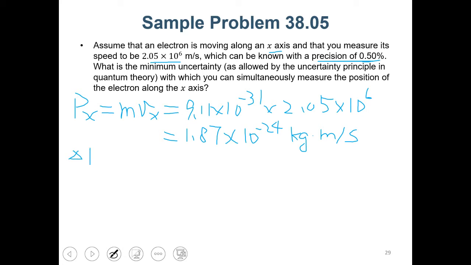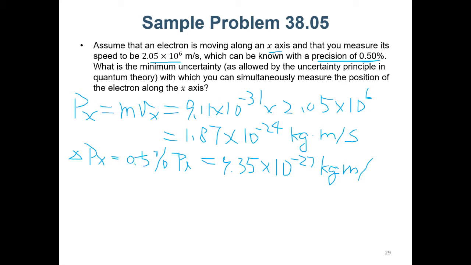So delta px is nothing but 0.5% times px, which is 9.35 times 10 to minus 27 kg m s inverse.